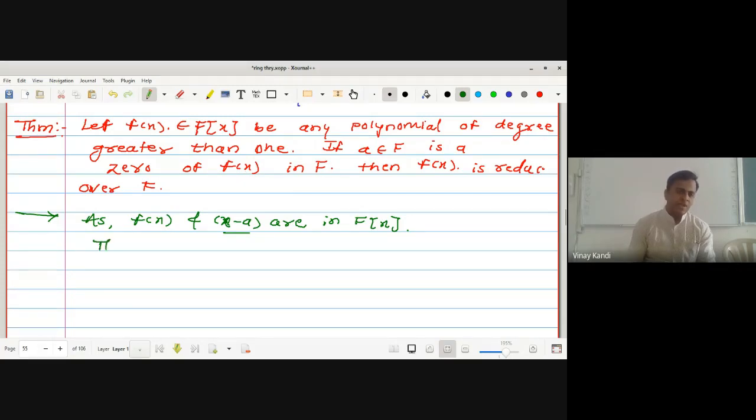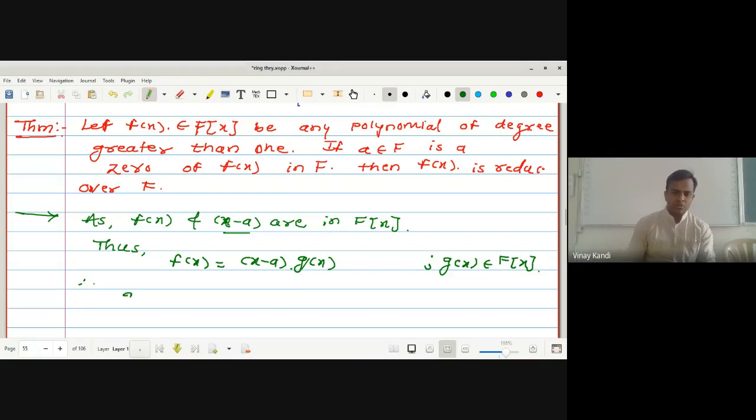So thus we can write that f(x) is equal to (x minus a) g(x), where this g(x) also belongs to F[x].